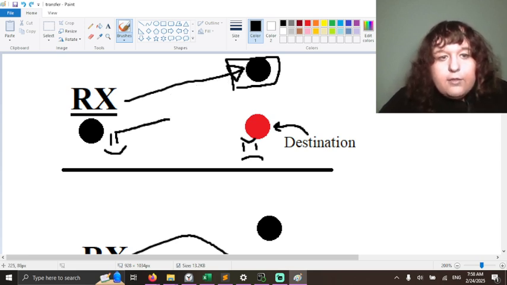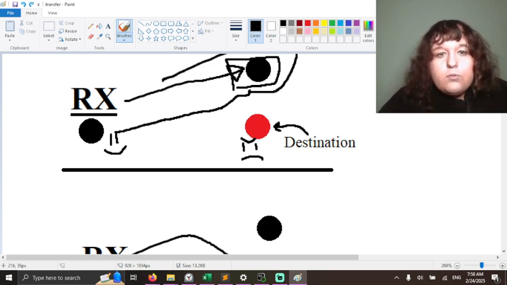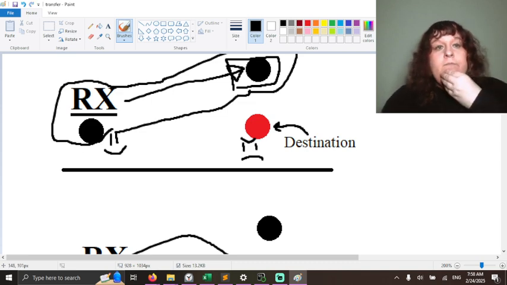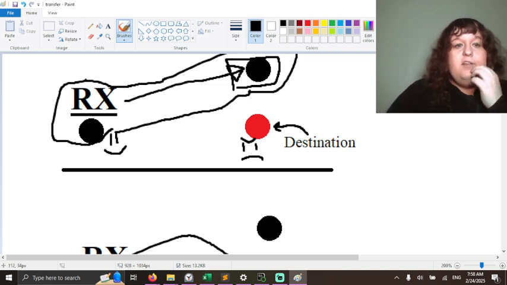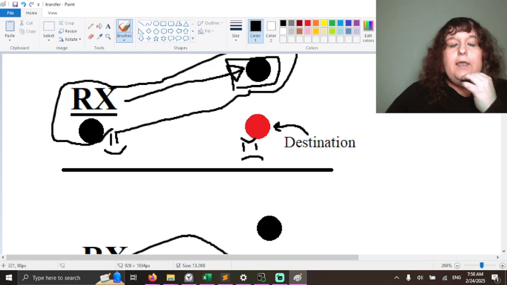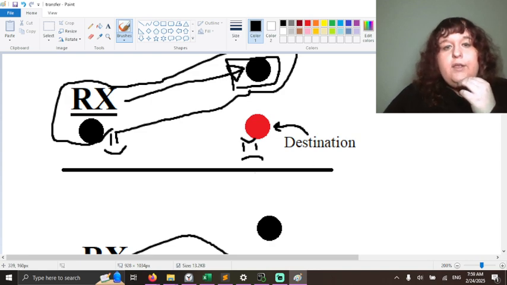Let me try that again. This huge risk right here, know that it's not this second pharmacy that's doing the bad stuff. It's this first one that's trying to get them to increase their risk.